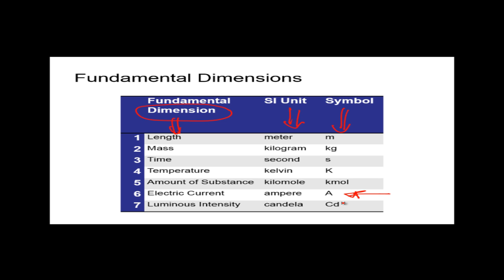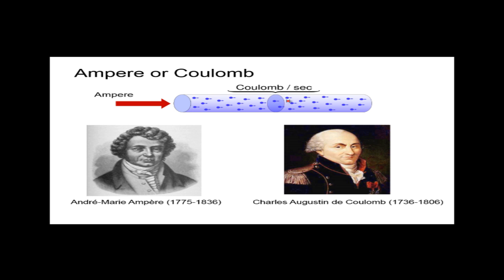I don't know. But it is the ampere. I guess one was more popular, or I think it's which one can be more easily replicated or measured throughout the world.